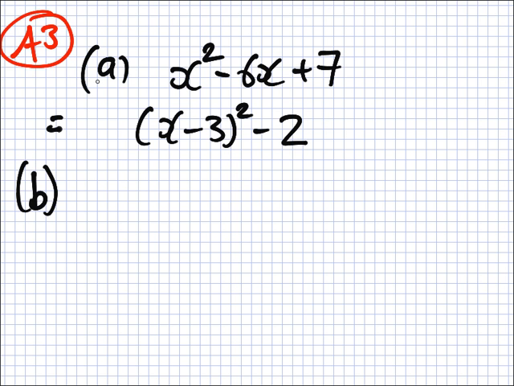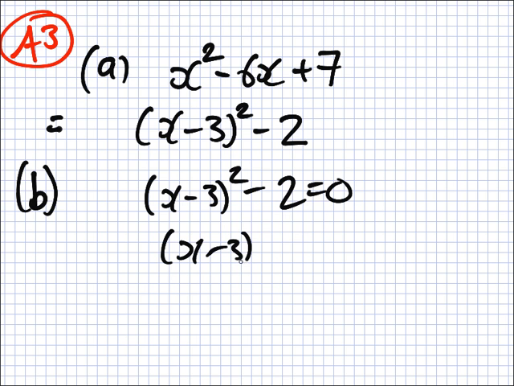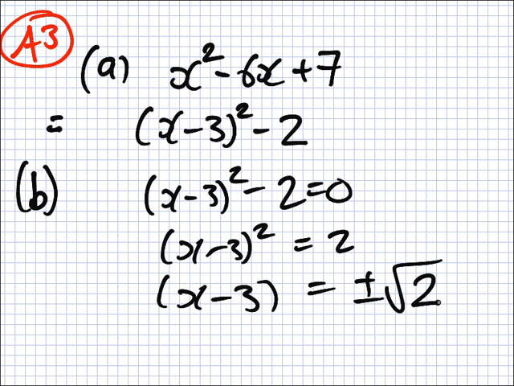And then B part, you must use your answer from A part to solve, which some people didn't. They used the formula. So it's x minus 3 squared minus 2 equals 0. x minus 3 squared equals 2. x minus 3 equals plus or minus root 2. x equals 3 plus or minus root 2.